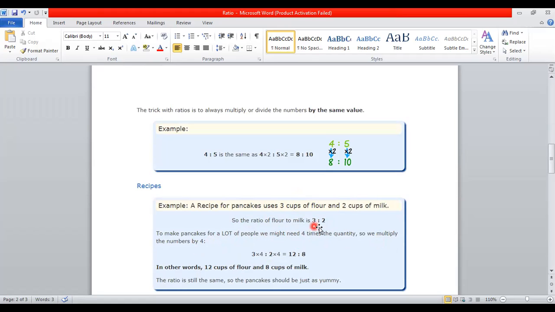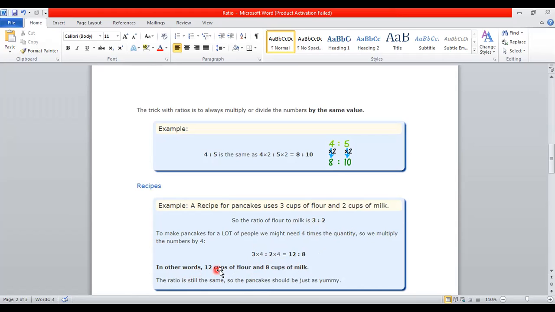If you want to make pancakes for a lot of people, then you have to multiply this by any number. You can multiply by 4. Now I have multiplied here by 4. 3 times 4 is 12, and 2 times 4 is 8.